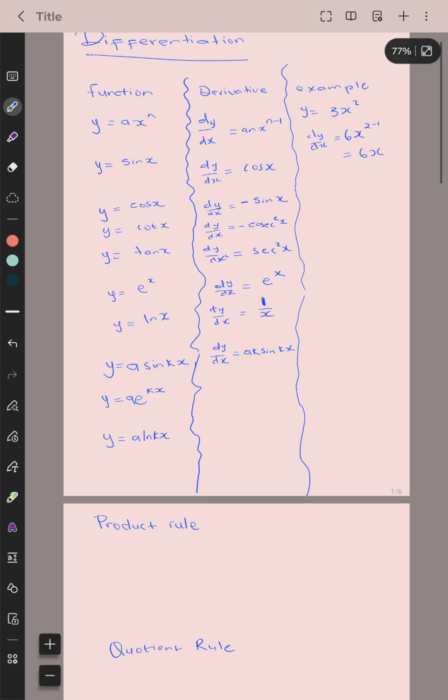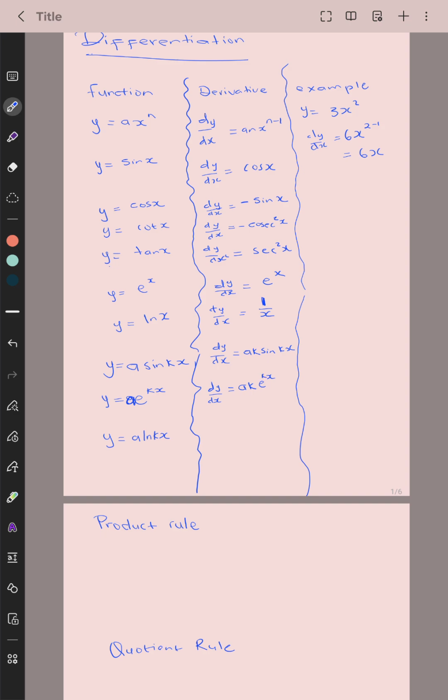Same here with y equals a e to the power kx, dy/dx equals ak e to the power kx. So k multiplies the coefficient of e to the power x, and the k still remains.